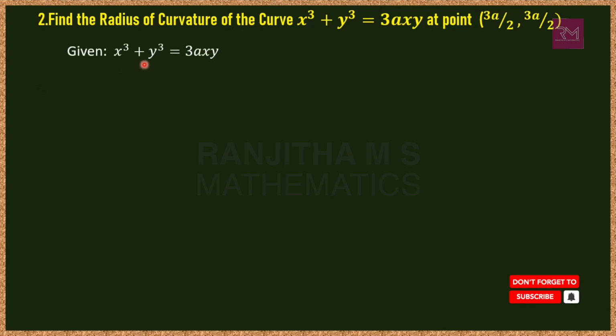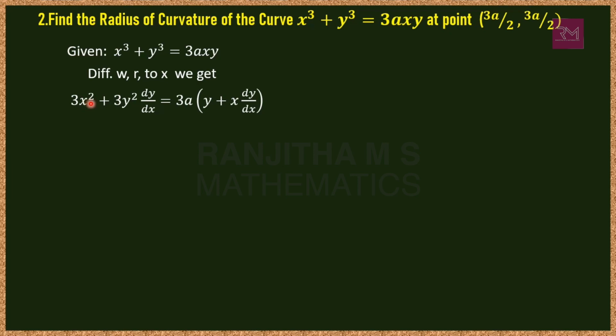Take the given Cartesian curve, that is x cube plus y cube, which is equal to 3a xy. Here to find y1, we have to differentiate this term with respect to x. Hence we get 3x square plus differentiation of y cube is 3y square into, again we have to differentiate y with respect to x, that is dy by dx, which is equal to 3a is constant, take as it is, into, here x and y both are functions, hence we have to apply product rule over here.